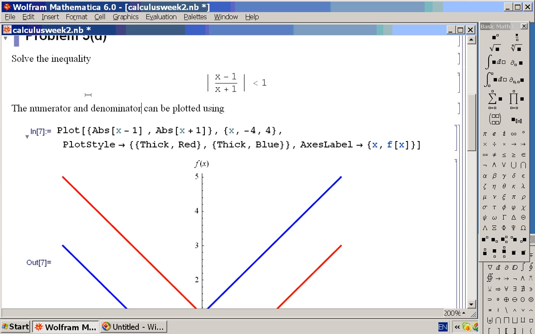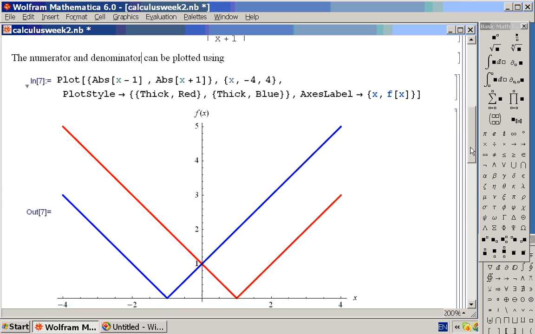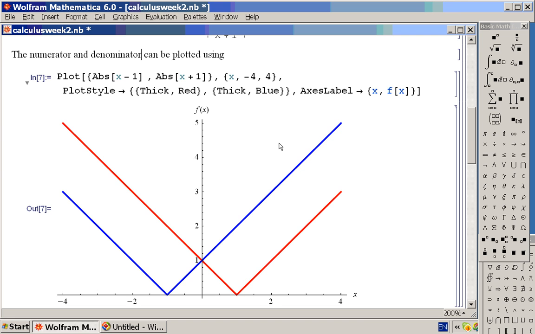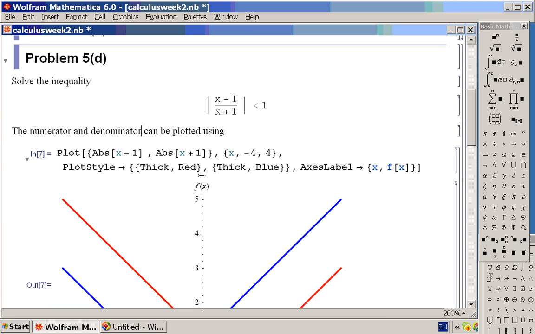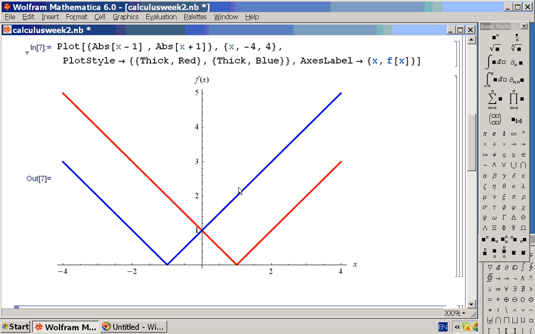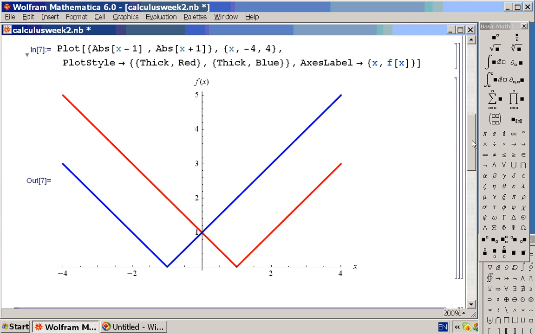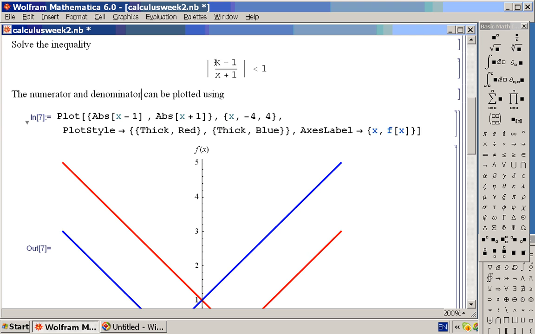Okay, so this inequality will be satisfied provided the numerator, which is the red line, lies below the graph of the denominator, which is the blue line. Sorry, we want this to be less than 1, so this means that this should be numerically less than this.